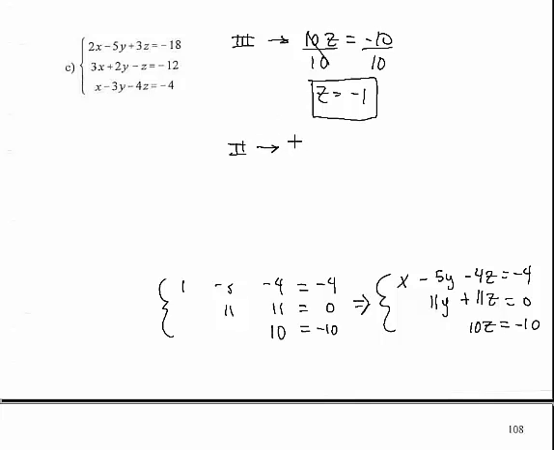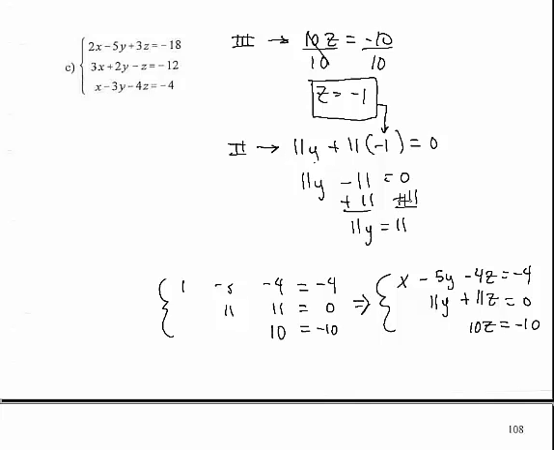I take the second equation, and I replace the z with a negative 1, and I get 11y minus 11 equals 0. Add 11 to both sides. I get 11y equals 11, which gives me a 1 once I divide both sides by 11.